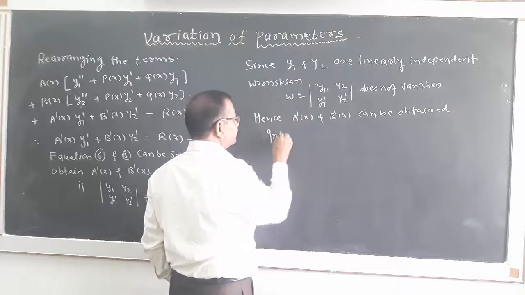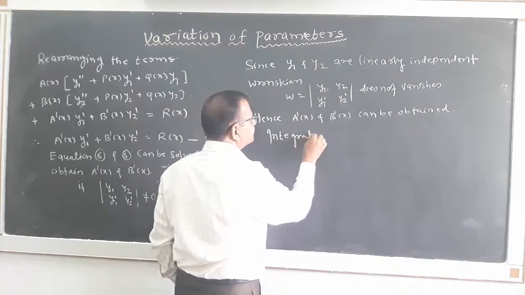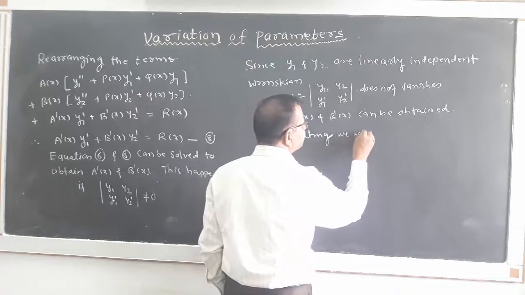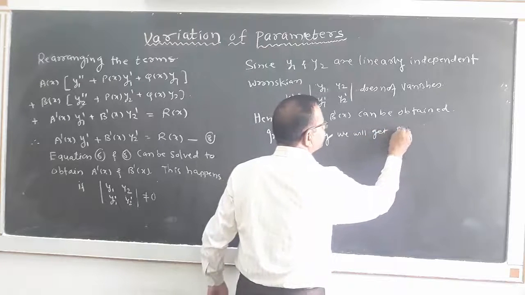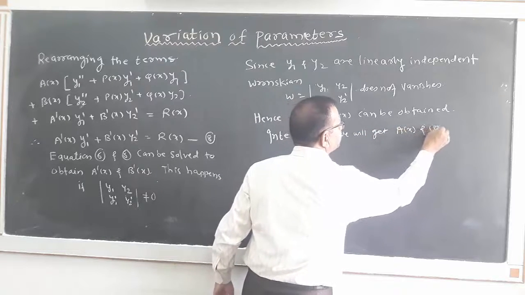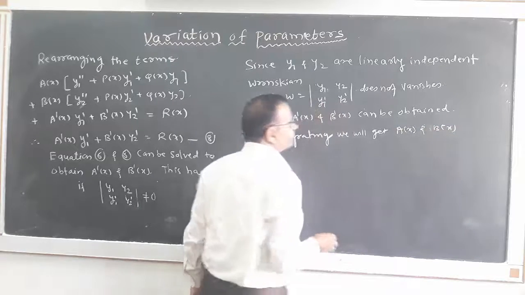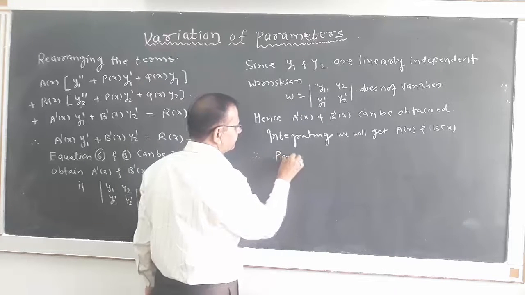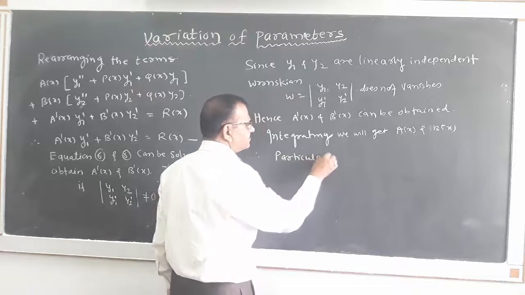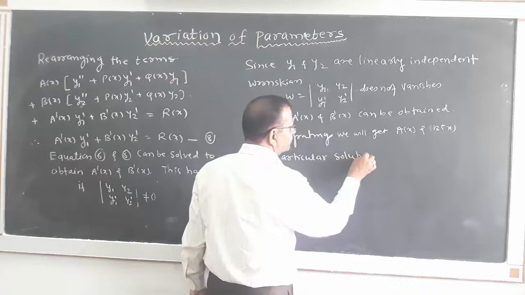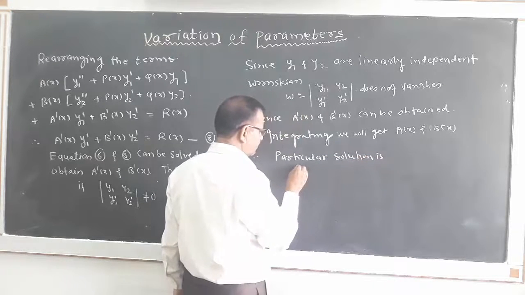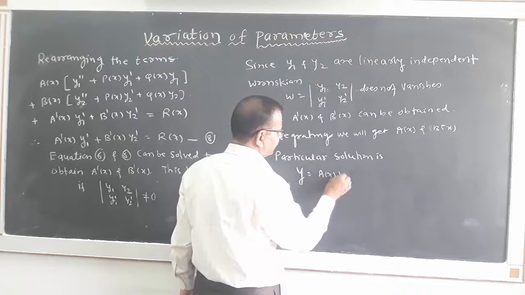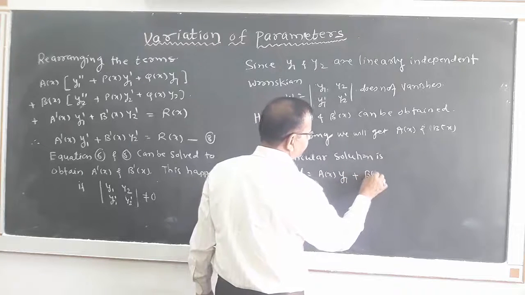Integrating, we will get a(x) and b(x). Therefore, the particular solution is y equal to a(x) y1 plus b(x) y2.